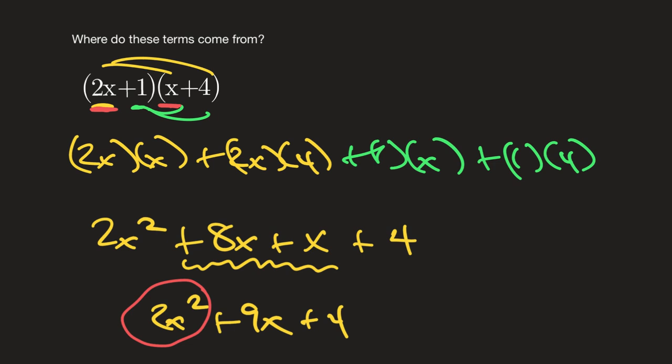Okay? Where did this 4 come from? What gave us the 4? The 1 times 4, the last two things in the parentheses. So the first two things in the parentheses give us the first term. The last term is made up of the last two things in the parentheses multiplied together. Okay?